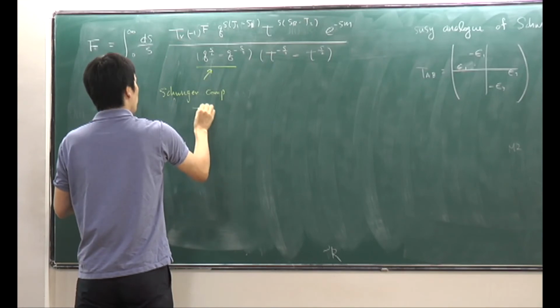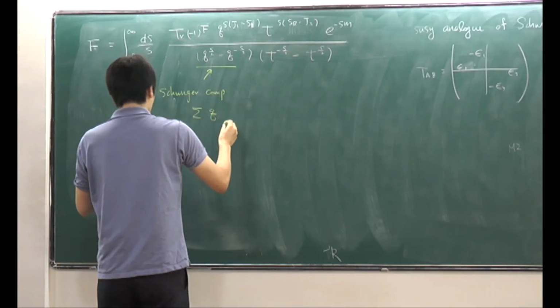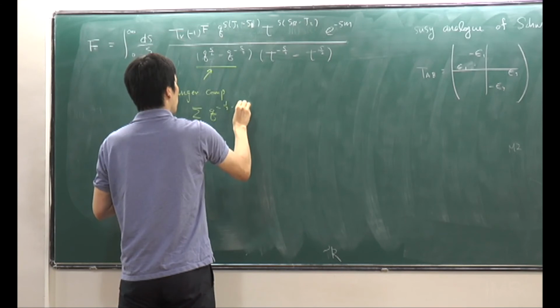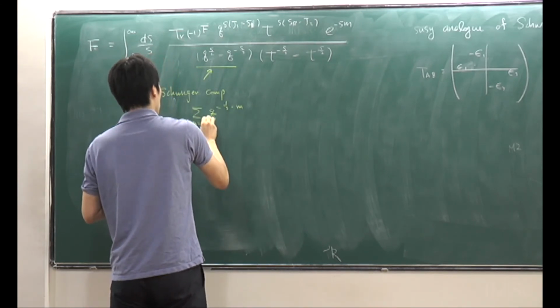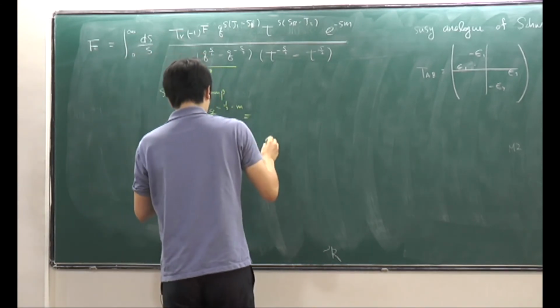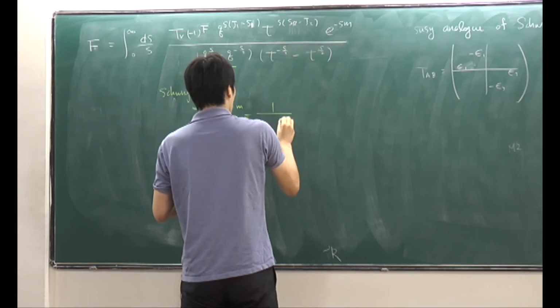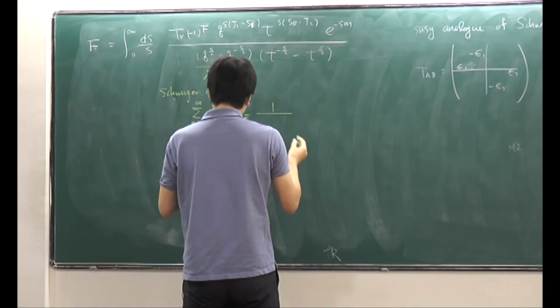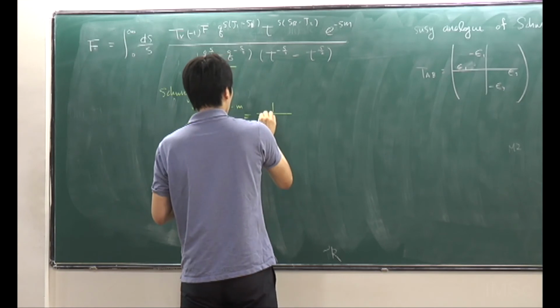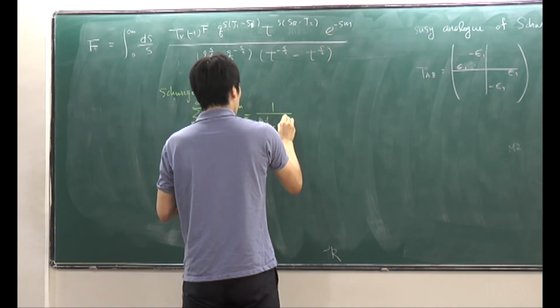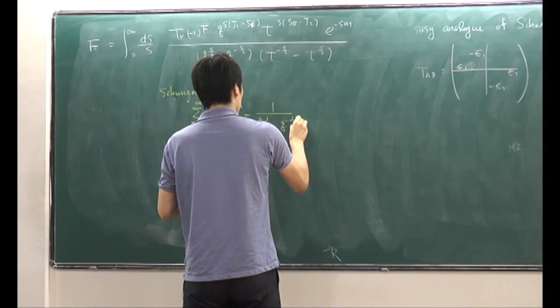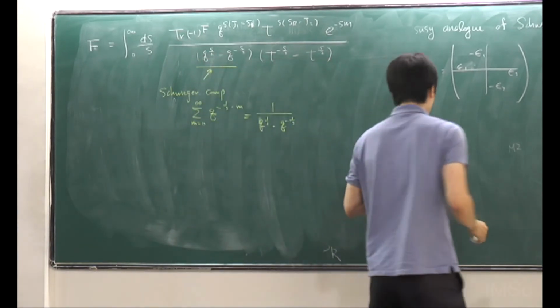So you just sum up the Landau level charged particle in the presence of a magnetic field, which is q^(1/2) minus q^(-1/2). Okay.